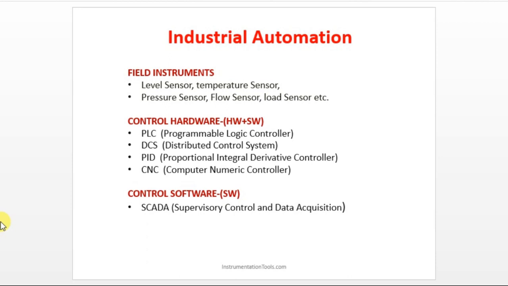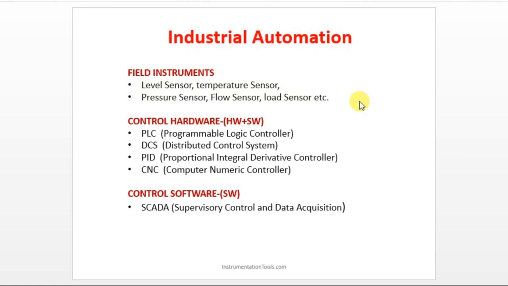And next we have industrial automation devices. So what is this? What are the components or devices we are going to use in industrial automation? First thing is field instruments. Let's take the same boiler example. I want to measure the temperature of the boiler, right?